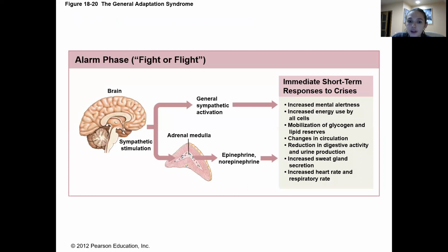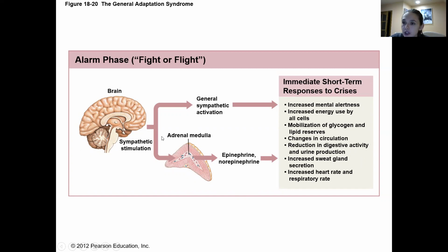During the alarm phase, first of all, the sympathetic division of the autonomic nervous system is activated, which is responsible for increased mental alertness, increased energy use by all cells, mobilization of glycogen and lipid reserves, changes in circulation, and reduction in digestive activity and urine production.